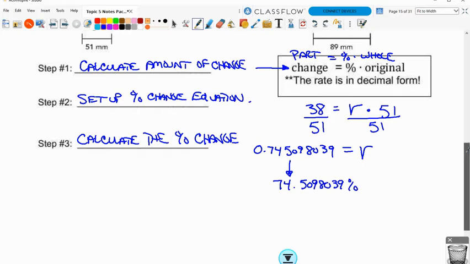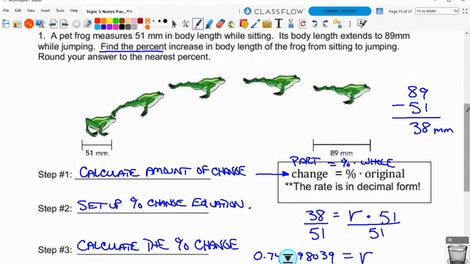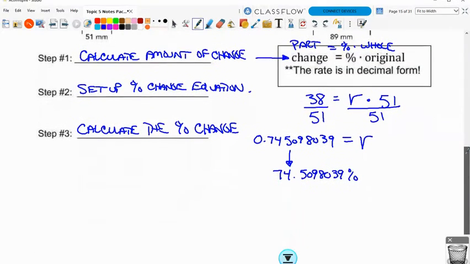If we reread the question one more time, it says at the end to round your answer to the nearest percent. So if we take a look at this number right here, this is going to be approximately, well, it looks like 74%. We check the tenths place, we have a 5, which is enough to round us up to about 75%.